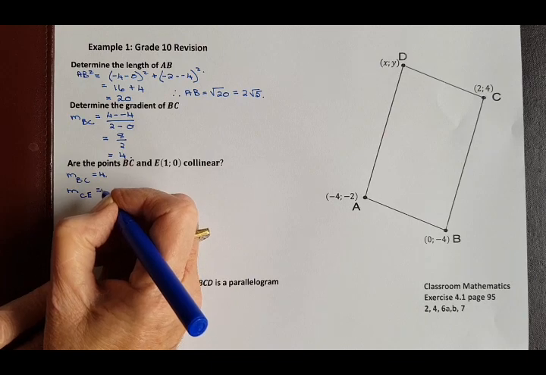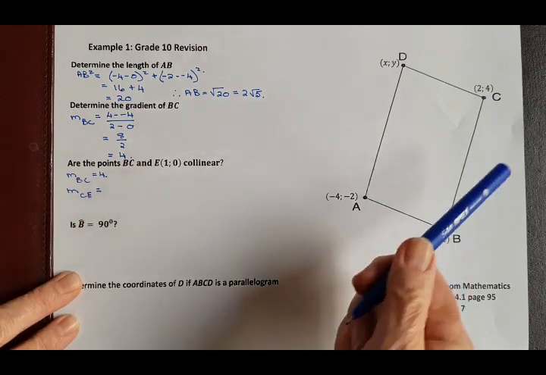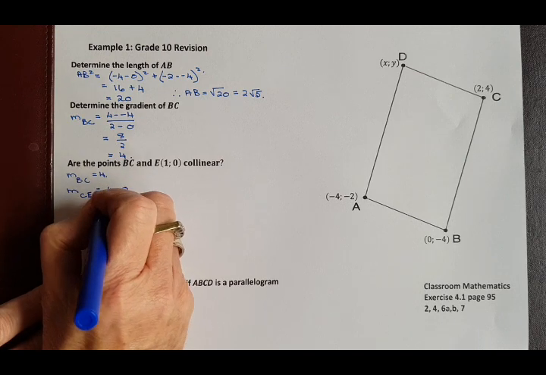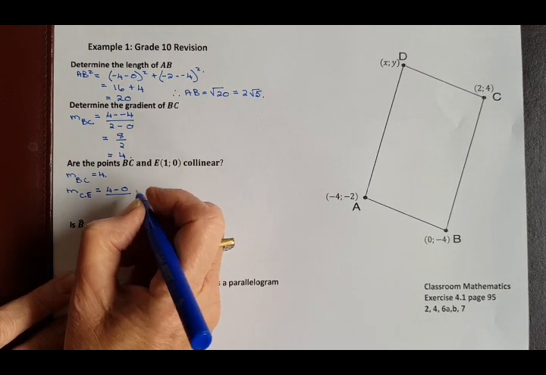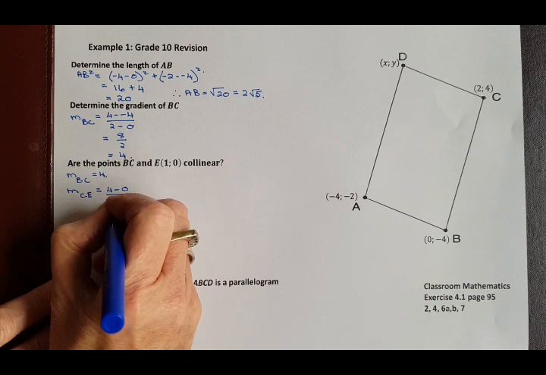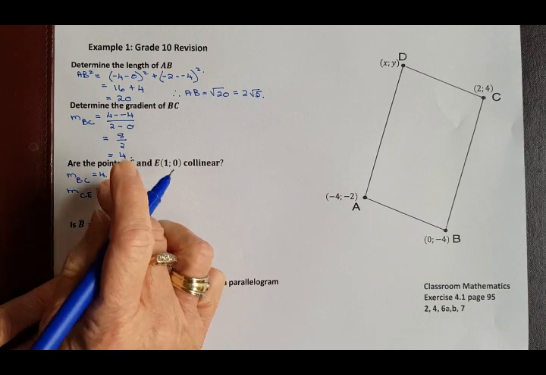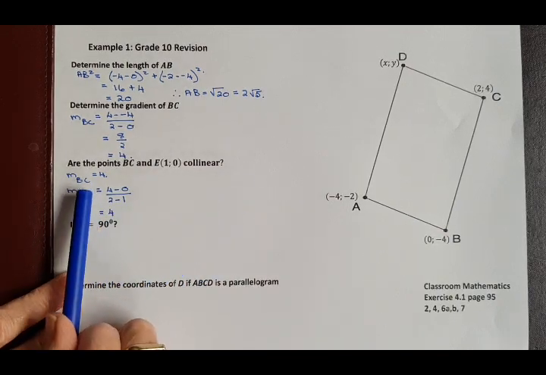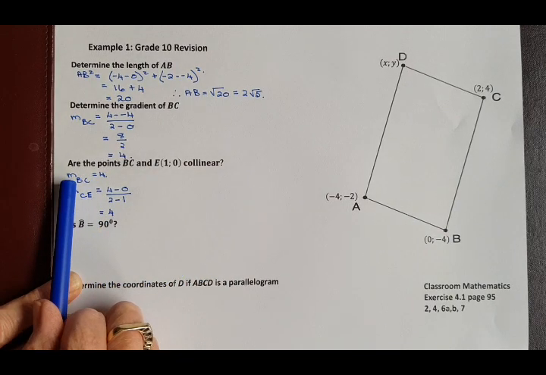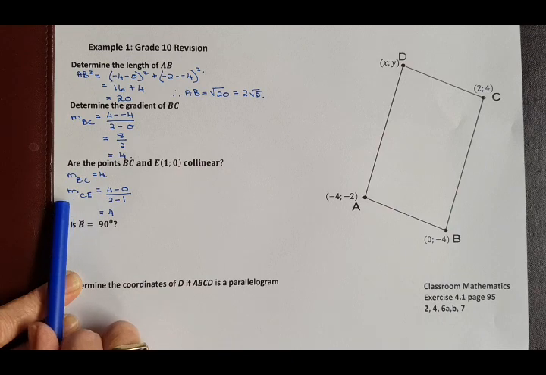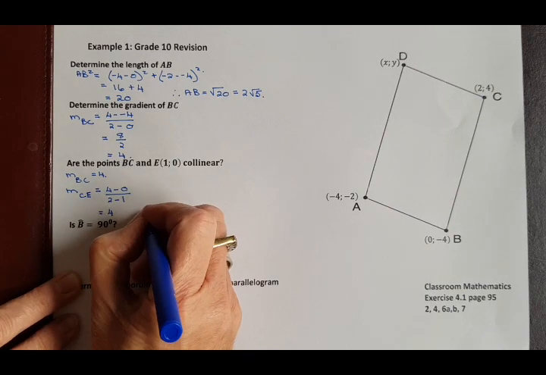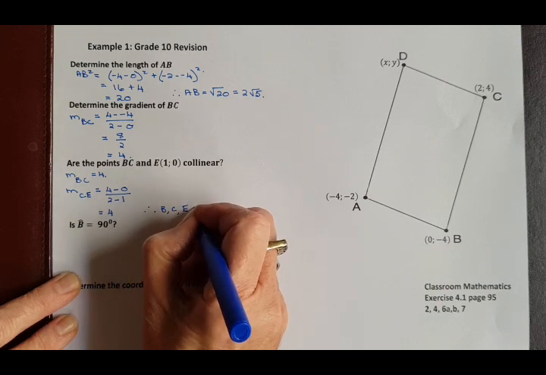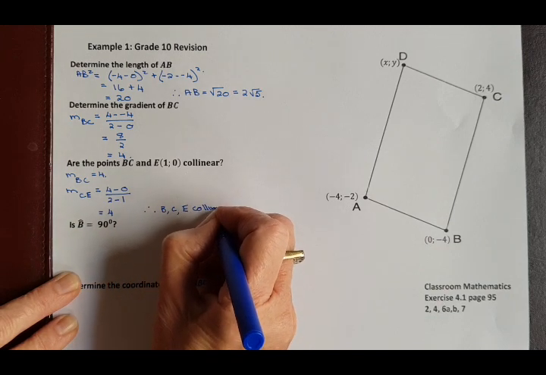So the gradient of CE is going to be 4 minus 0 all over 2 minus 1. 4 over 1, which is 4. Because C is a common point and BC has the same gradient as CE, we can deduce that B, C, and E are collinear.